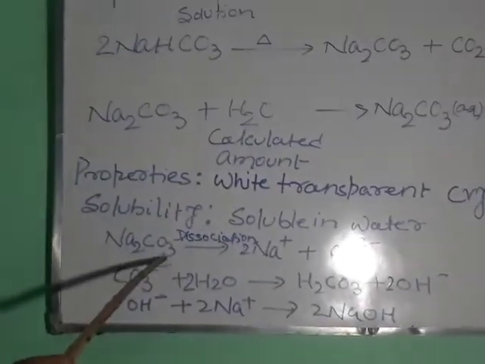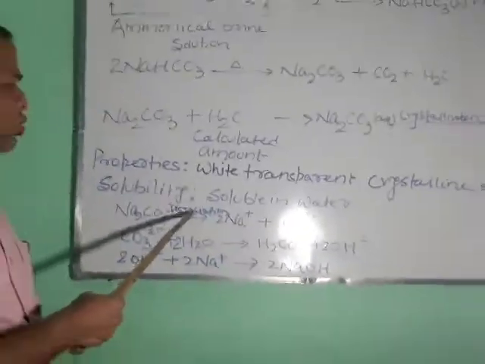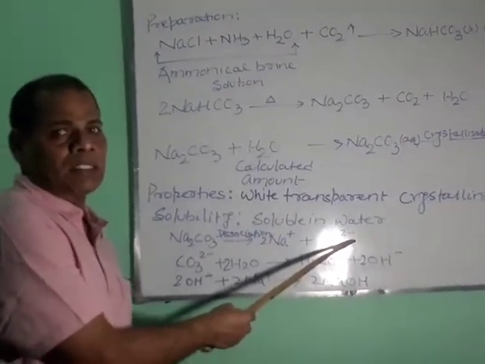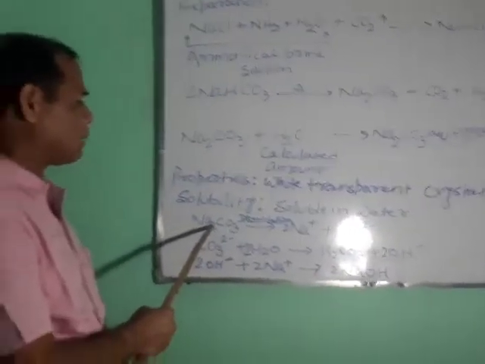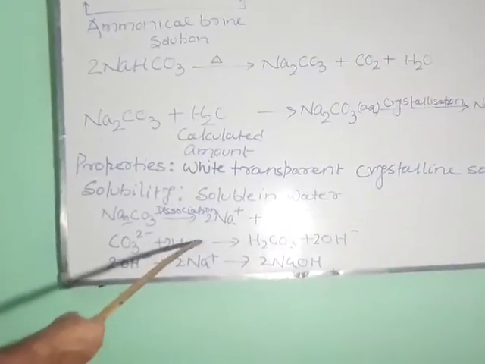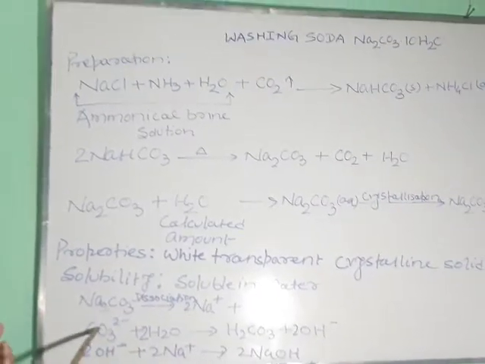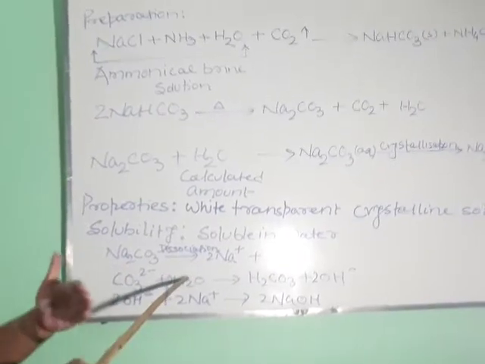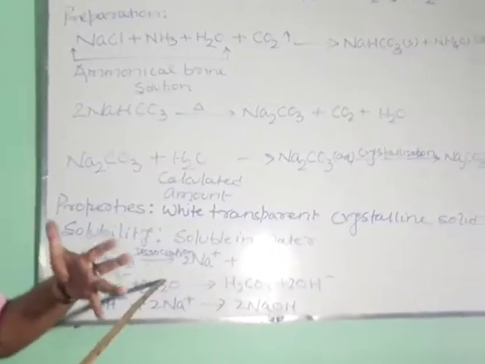Let us discuss it. Na2CO3 first of all dissociates into sodium ion and carbonate ion. This carbonate ion undergoes the hydrolysis process, which means addition of water molecules.